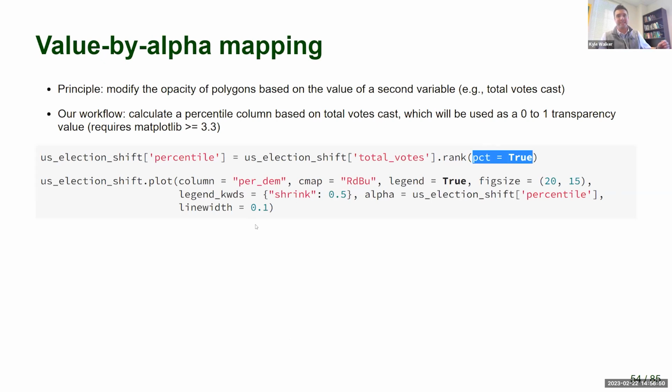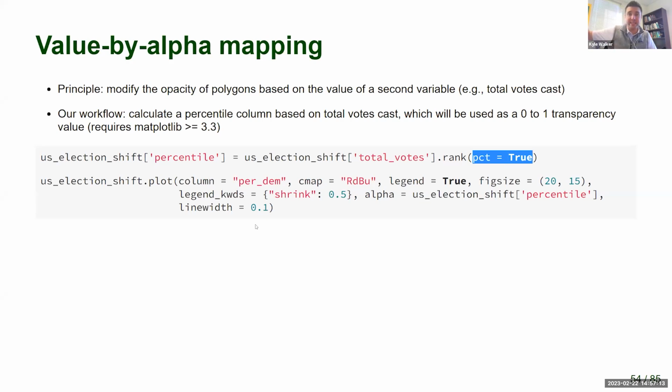So if you rank, say, in the first percentile, your value for percentile would be 0.01. So the tiniest counties in the US are going to be nearly transparent. We're going to put an alpha value of 0.01.